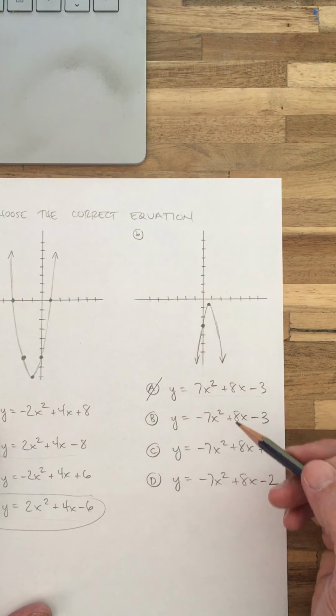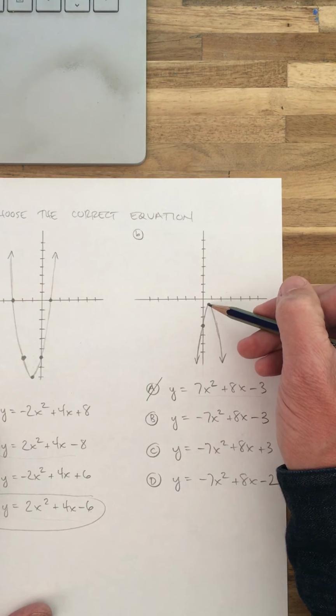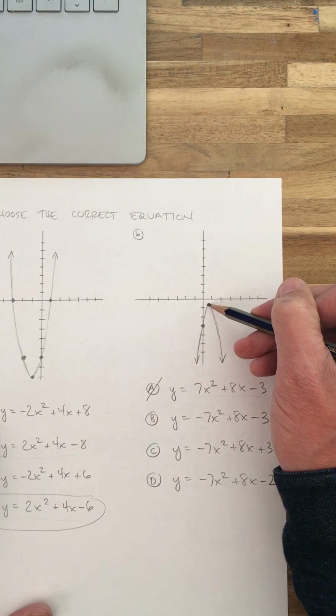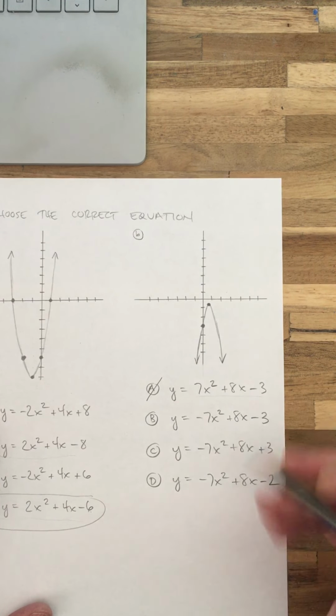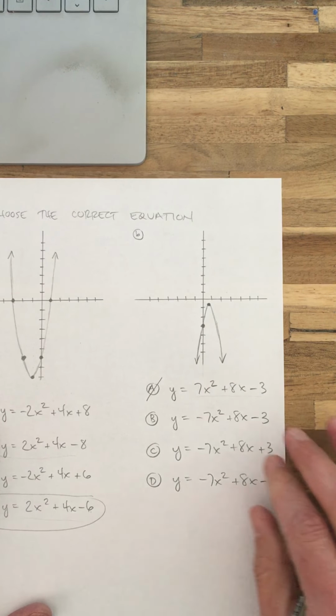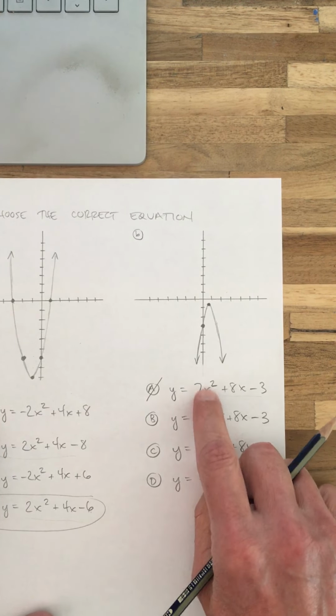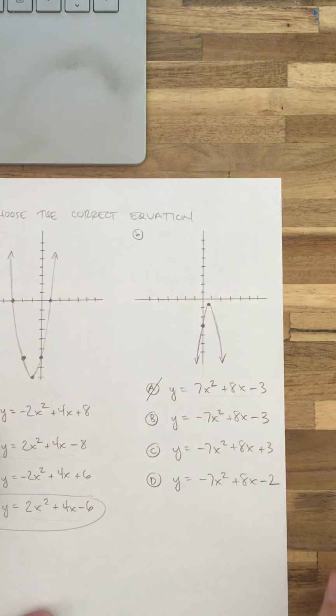Well, actually, it might be. You can't really tell from the slope because this isn't down 7 over 1. This point right here is in a strange place that won't allow us to use that slope. So this might be correct, but it's really hard to use the slope. But that doesn't really matter. You know that this guy doesn't work because that tells you it should be facing up and it's not.